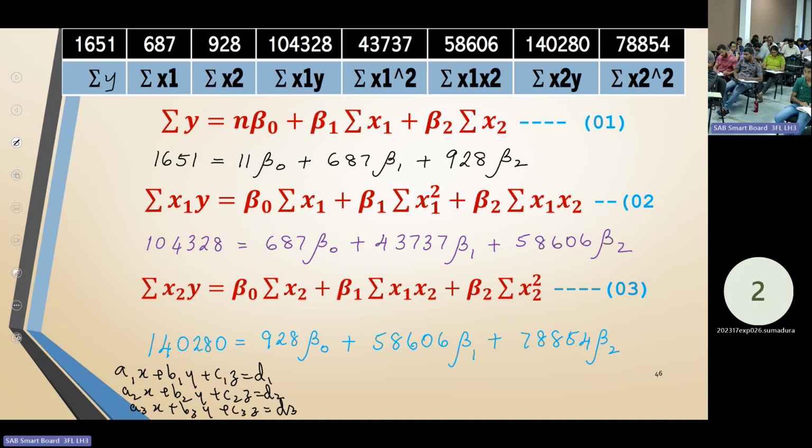So this is the general format: A1x plus B1y plus C1z equals D1, A2x, B2y, C2z equals D2, A3x, B3y, C3z equals D3.